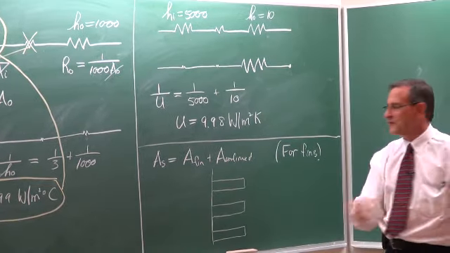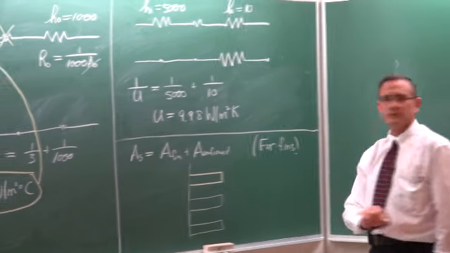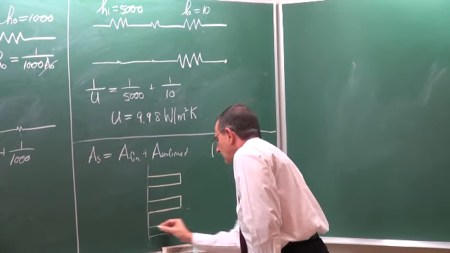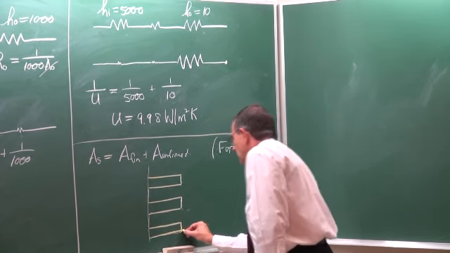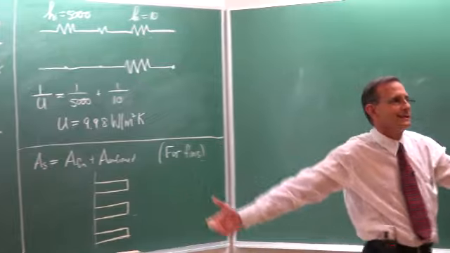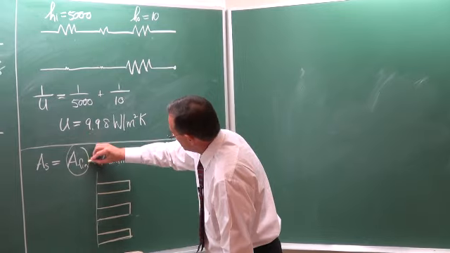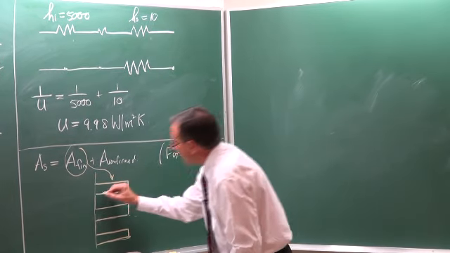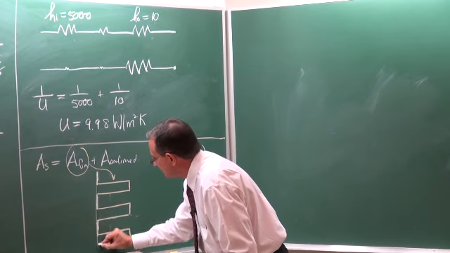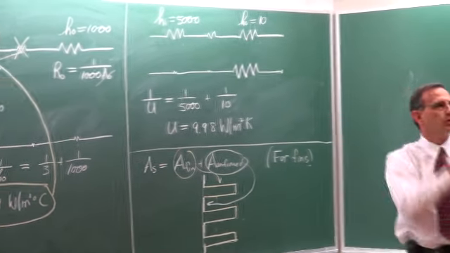Then the area of the fin is obviously going to be that surface area there, plus the next one, etc. Which means it would be the area of one fin multiplied by the number of fins, isn't it? So that is my finned area, and all the other areas in between are going to be the unfinned areas, and I need to add all of them together.